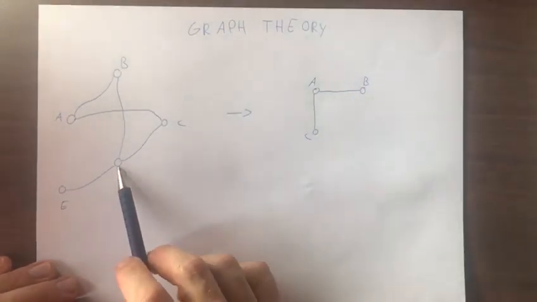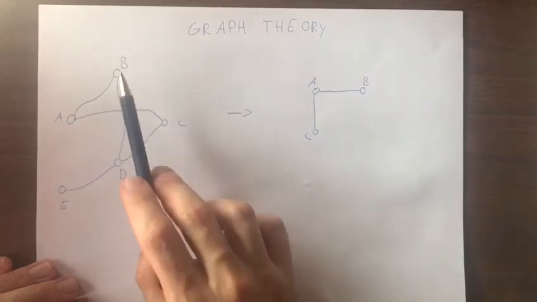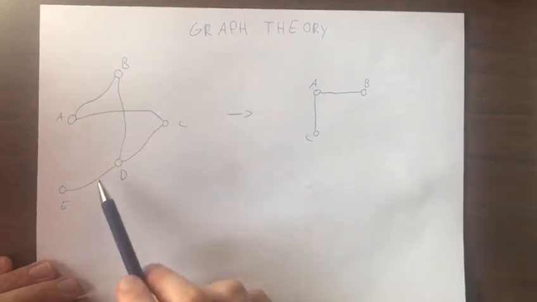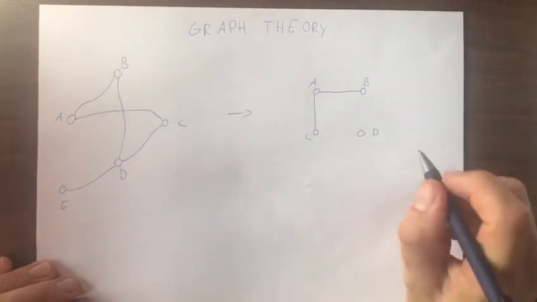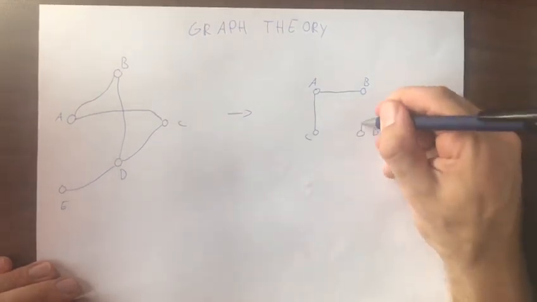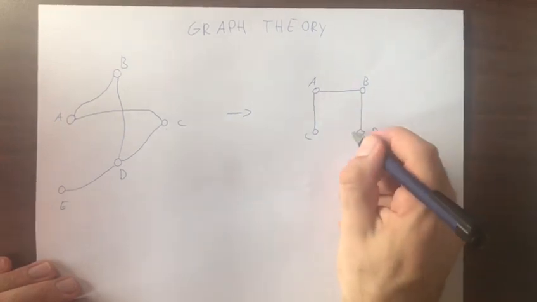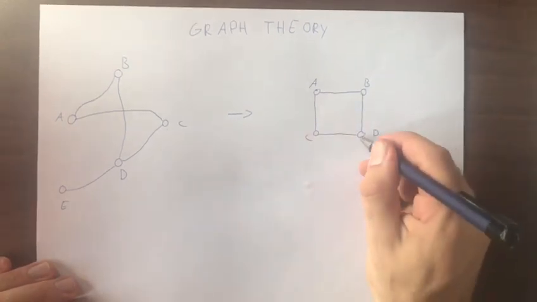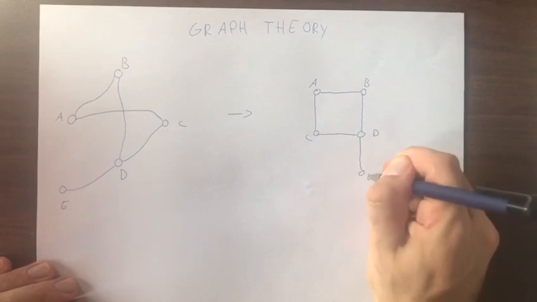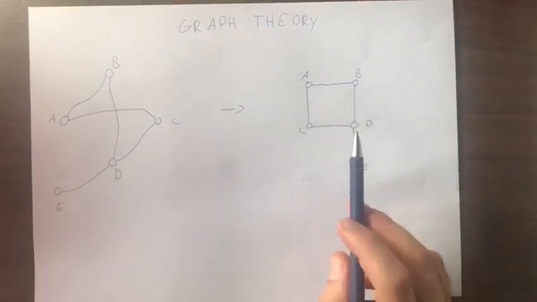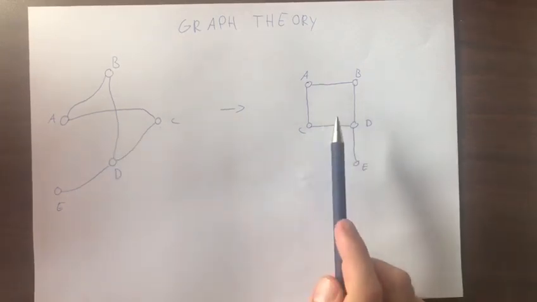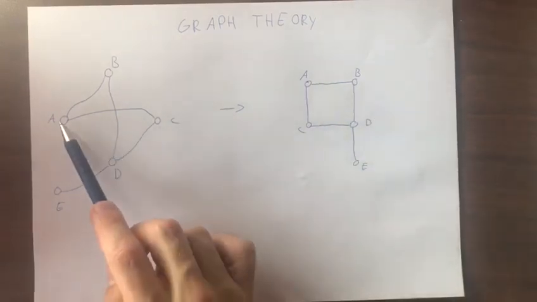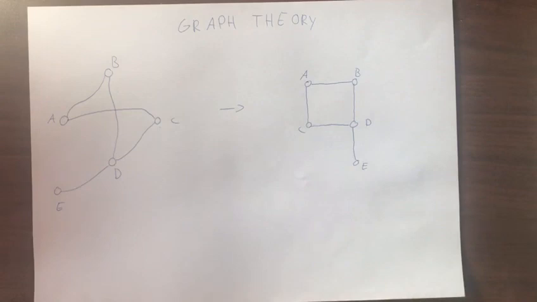We see that D is connected to B and to C and to E. So if we're gonna draw this, it's connected to B, it's connected to C, and to E. So this is basically a graph. And isomorphism means that these two are the same because they have the same connections.